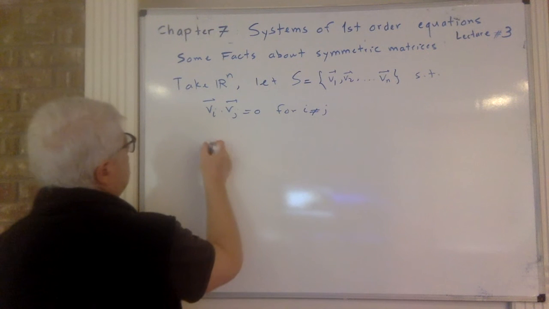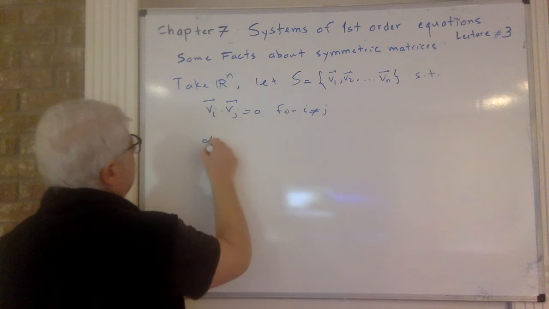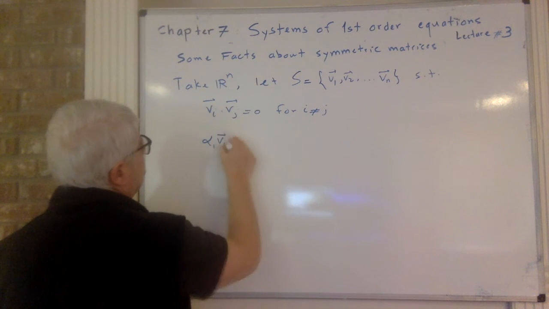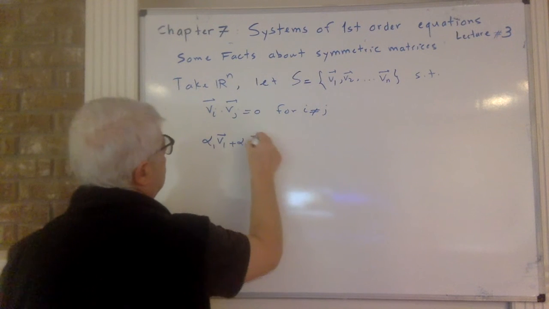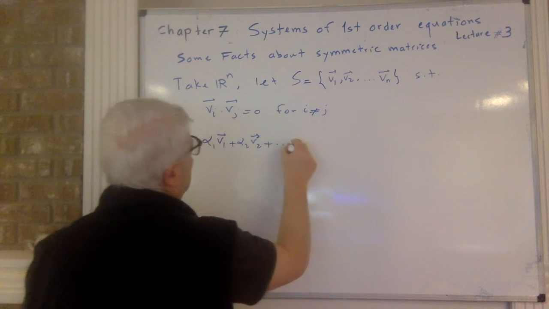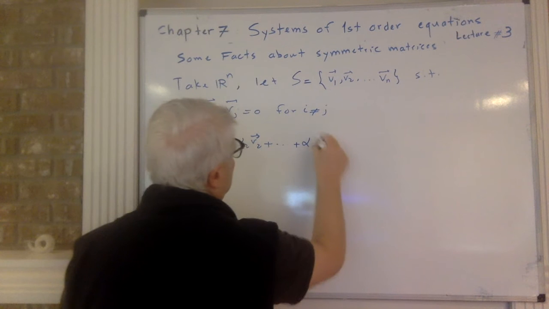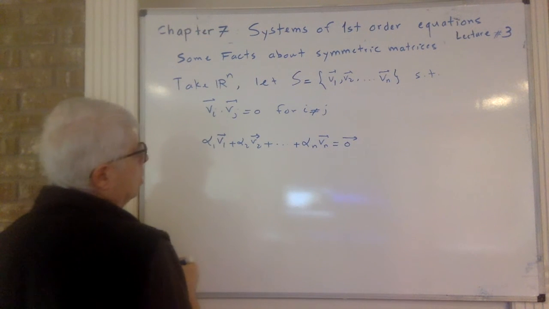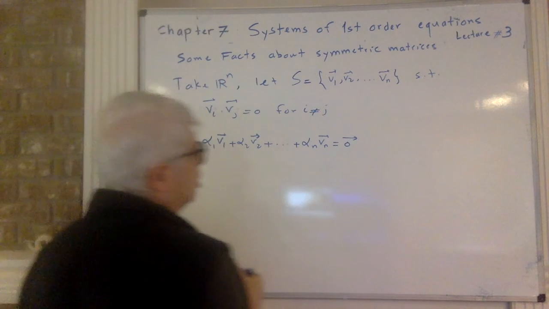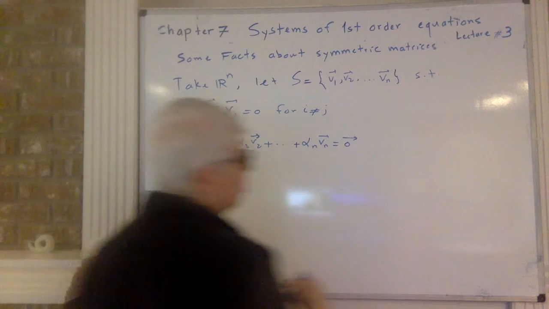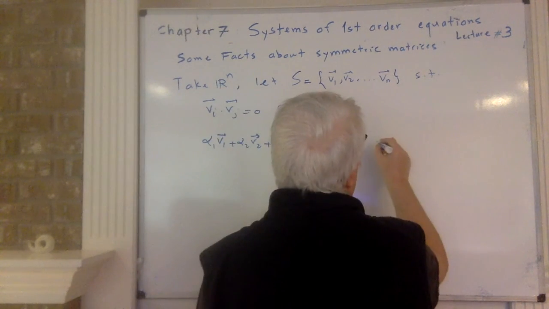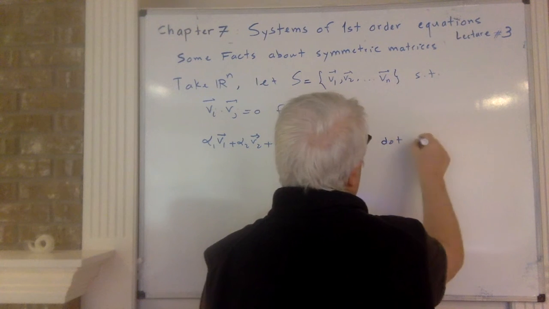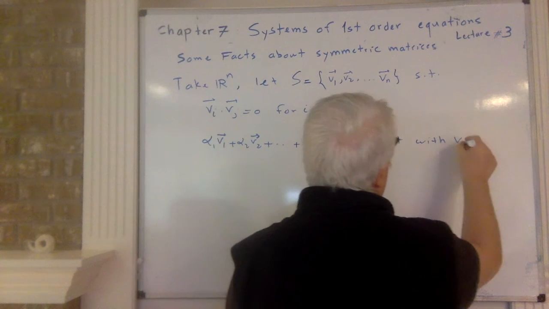In linear independence, I'll say alpha 1 v1 plus alpha 2 v2 up to alpha n vn equal to 0. Let's multiply this by vr, so dot with vi, say.